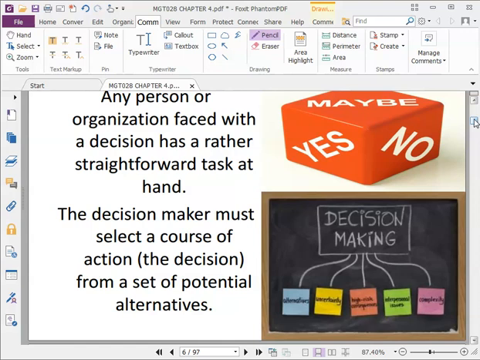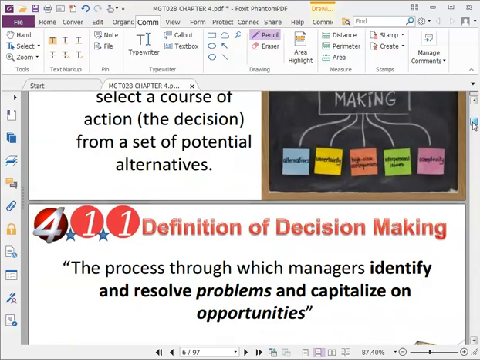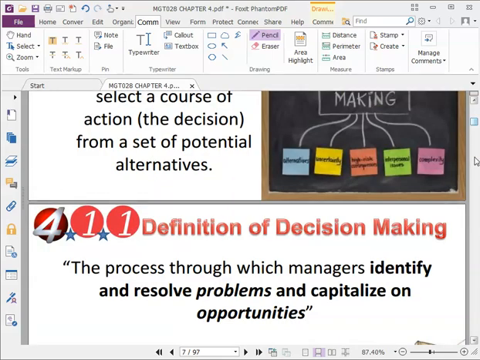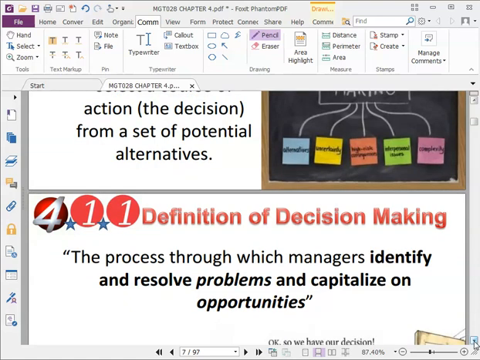Which one that you choose, itu adalah situasi di mana kita kena buat decision making. Itu maksudnya decision making secara general. In general kita tahu apa the decision making. But then in organization, what is the definition?